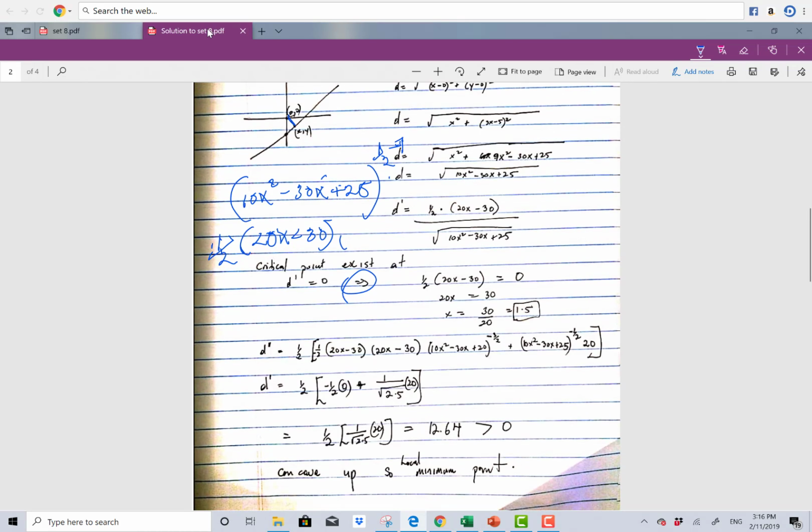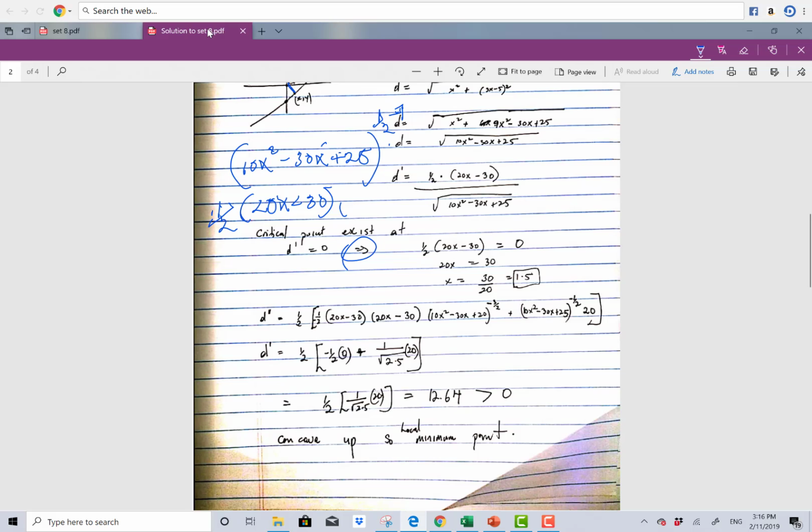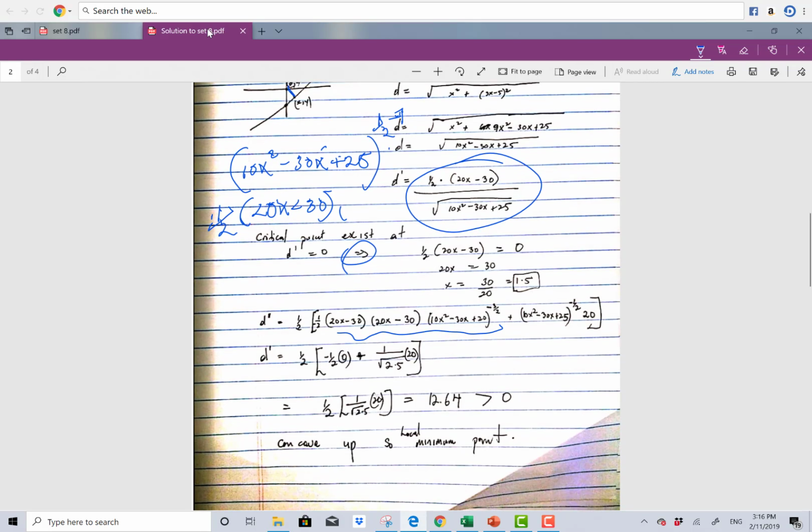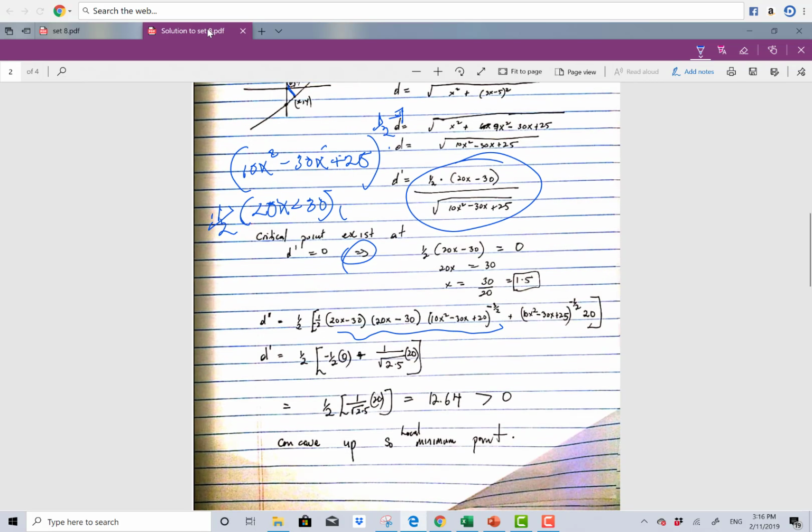To do that, I take the second derivative. So I differentiate this result again, and I get negative a half times 20x minus 30 times 20x minus 30, over 10x squared minus 30x plus 25 to the three halves, plus the other piece. Now, if I plug in 1.5, the first piece drops out to be 0, so that's trivial.